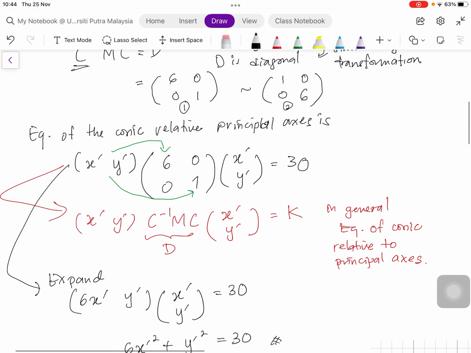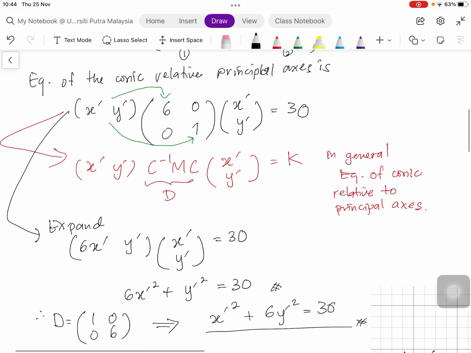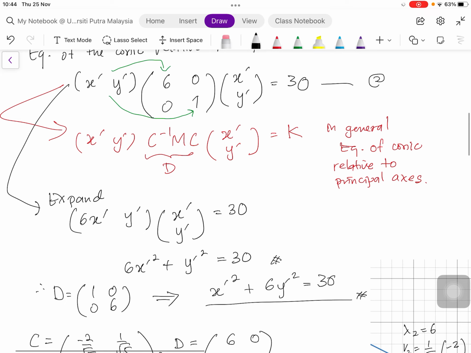As in the general equation of a conic relative to the principal axis, it's given by this red expression. You see that in C inverse M C, your C is actually the matrix of unit eigenvectors after you solve the eigenvalue equation. If you expand from equation 2 here, you get the equation of the conic after you rotate it, subject to the principal axis.